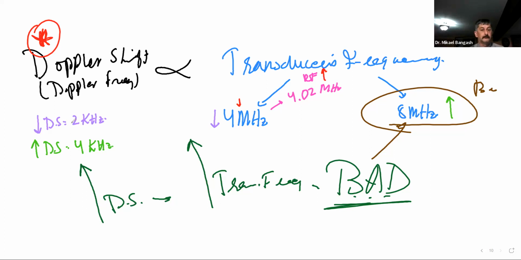Let's take this one. If our reflector frequency was 3.8 megahertz, we still had a Doppler shift of 2 kilohertz.